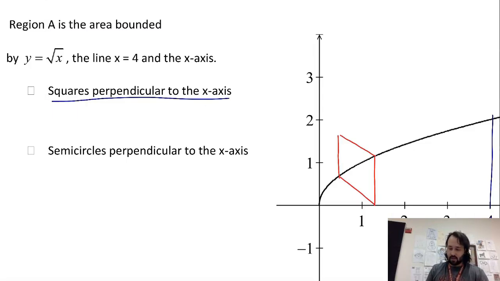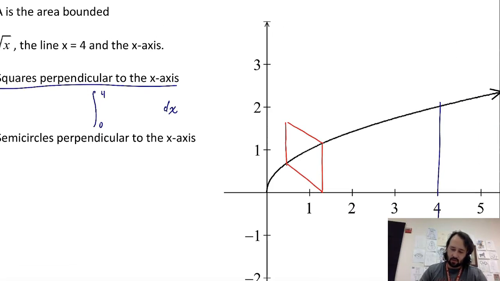All right, so squares perpendicular to the x-axis. That means I'm going to take the sum from 0 to 4 of whatever it is. In order to find the area of one square, my base is root x units long, from y equals 0 to the function.